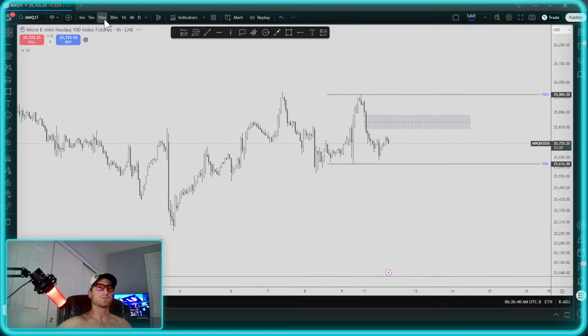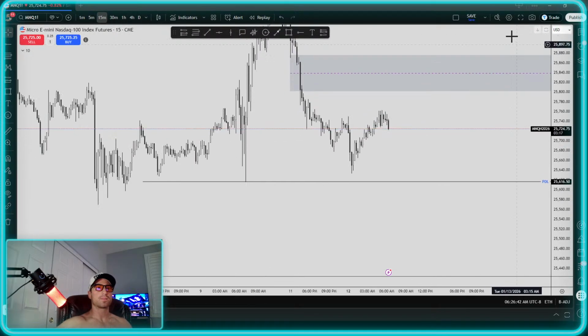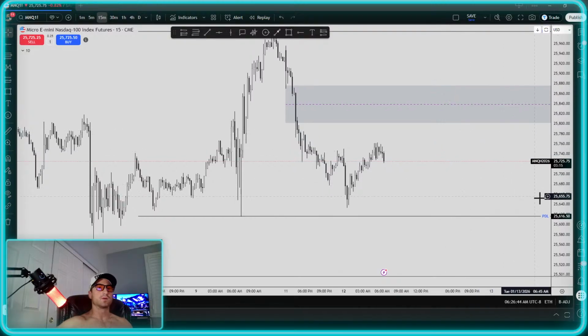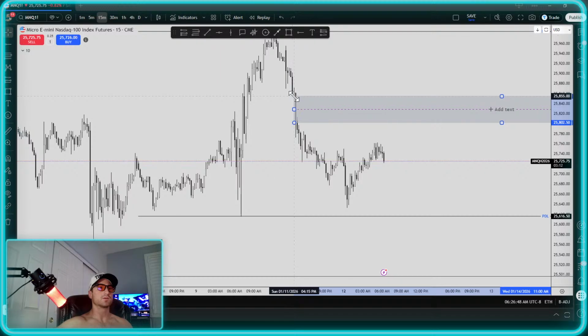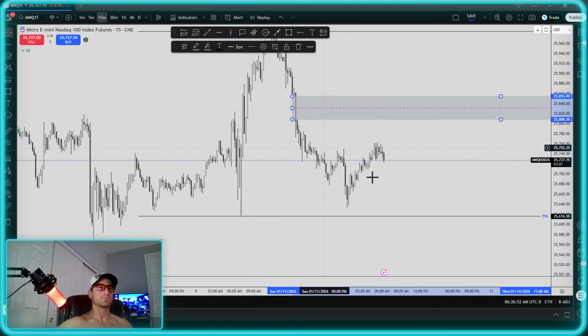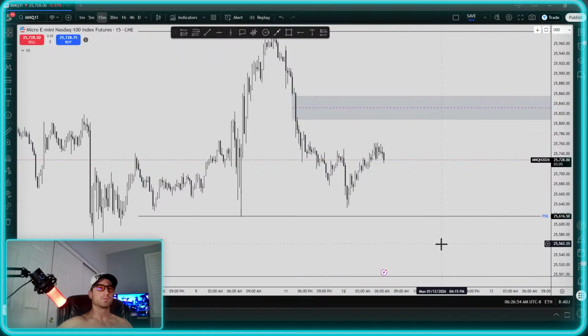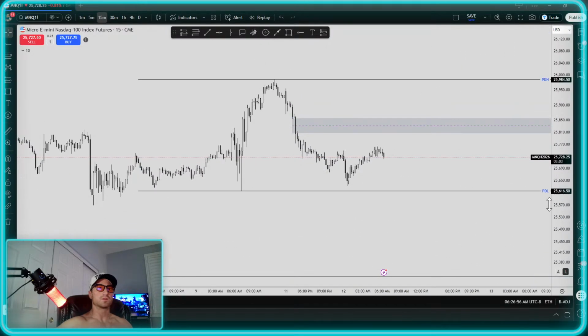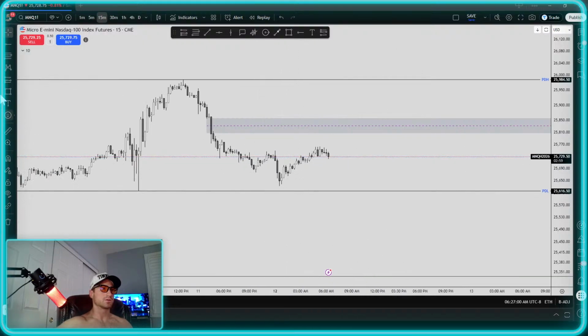Okay, let's go to 15. It's kind of a difficult area here. I see all of this as liquidity, this trend line liquidity right here.